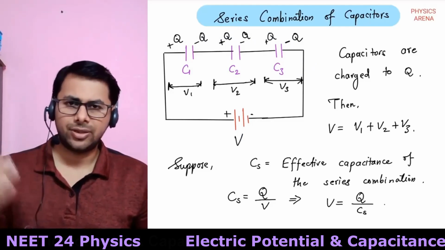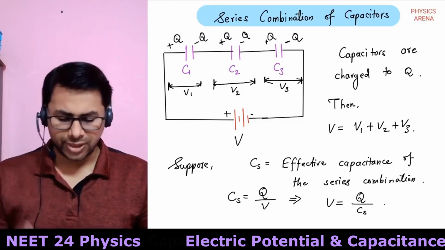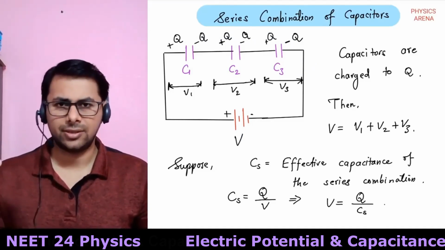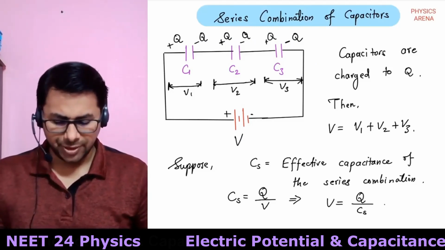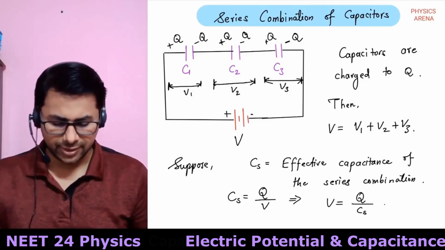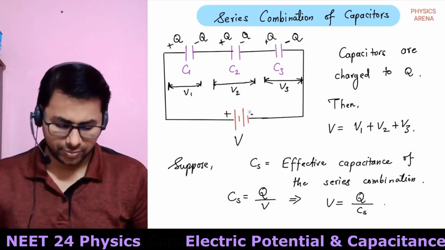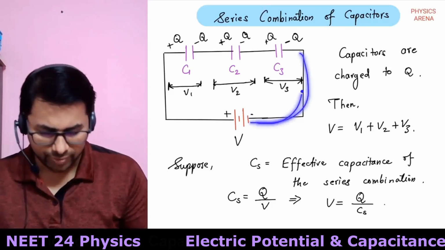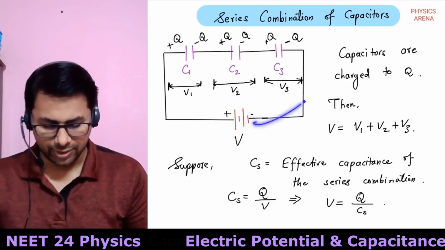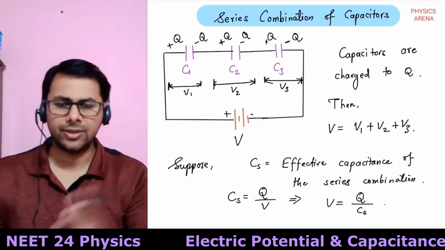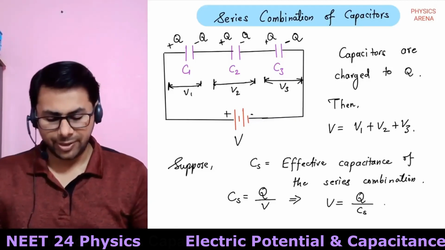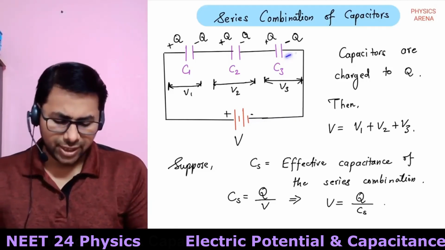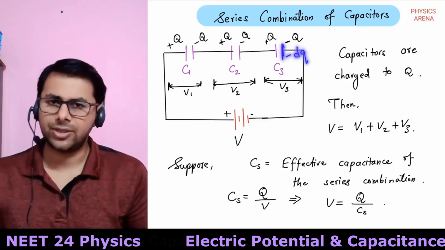Initially suppose they were not charged, and now you are charging these capacitors. So what will happen? You can think of it like this: some electrons from this negative plate of the battery travel this way and enter this plate. So some negative charge, let's say minus dq, gets induced here.